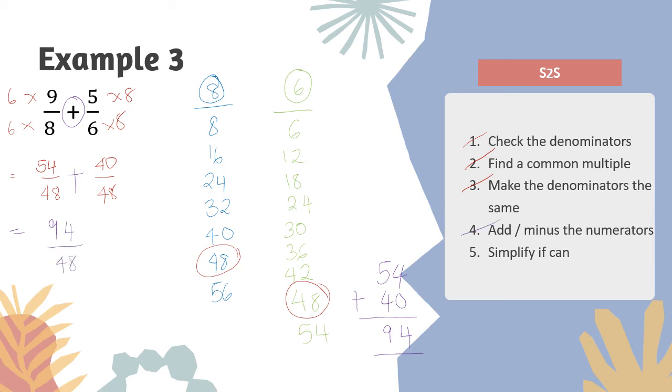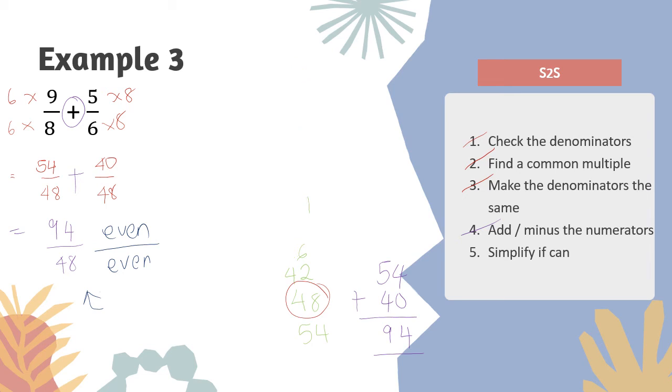Step 5, simplify if can. 94, is it odd or even? As far as I know, it is an even number. And 48 is an even number, which means you can simplify or you can reduce this fraction. So you can start with 2 and work your way until you have reduced it.